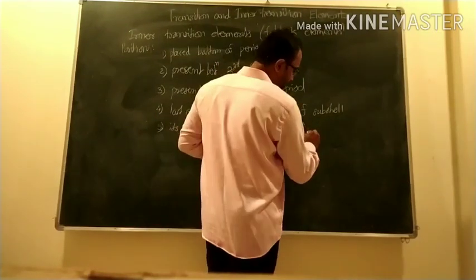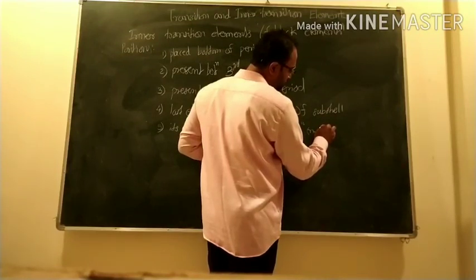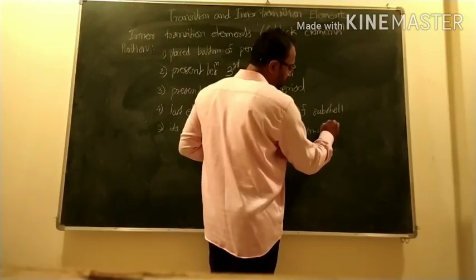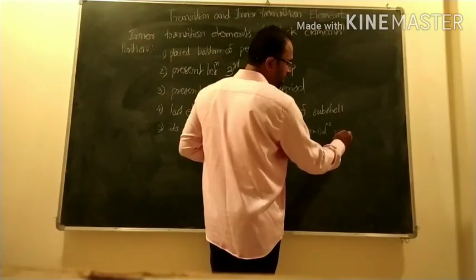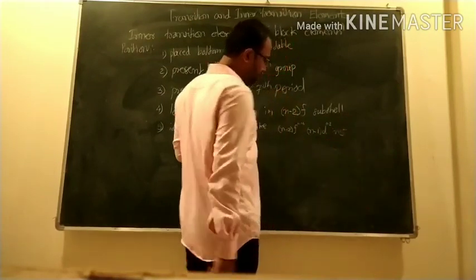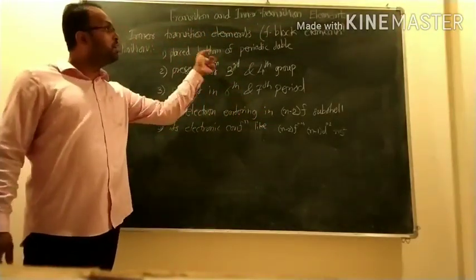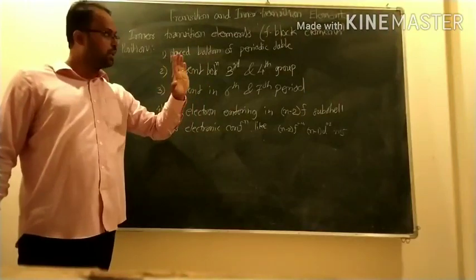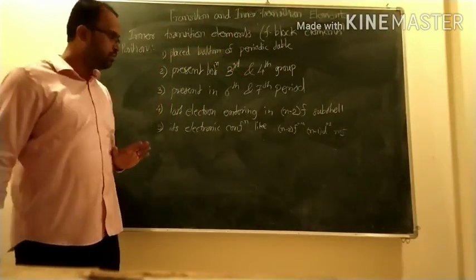Next is the (n-1)d subshell, which has 0 to 2 electrons, and last is ns having 2 electrons. So that is the general electronic configuration of f block elements or inner transition elements.